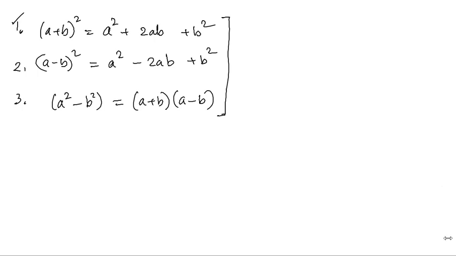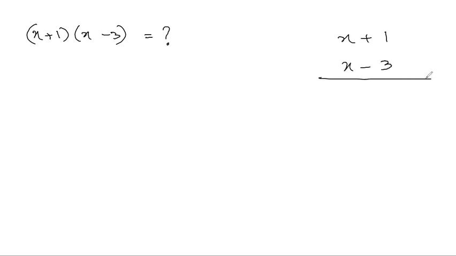Now next is the reverse, multiplying out. It's given in a factored form, and you have to unfactor it, or multiply out and expand it. So I give you a factored form like (x plus 1) times (x minus 3), and ask which of the following options matches. How do you solve that? When you multiply, you should think of it like this.